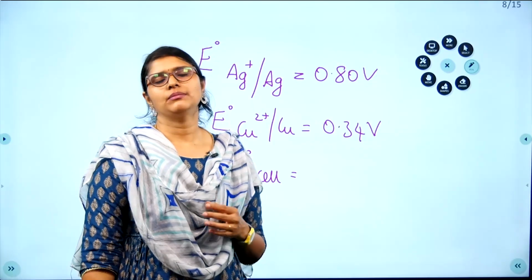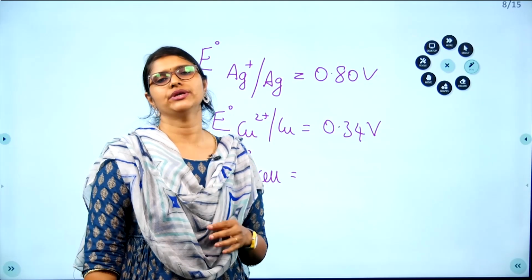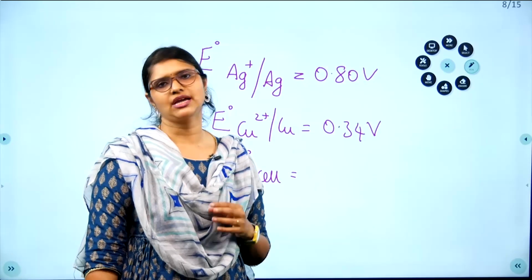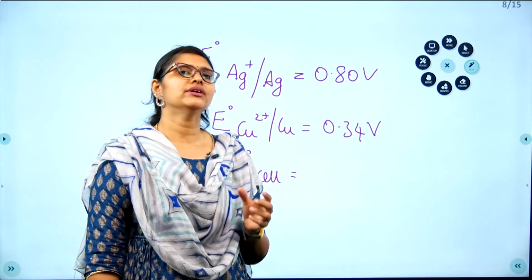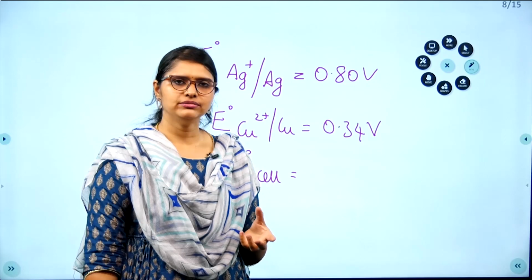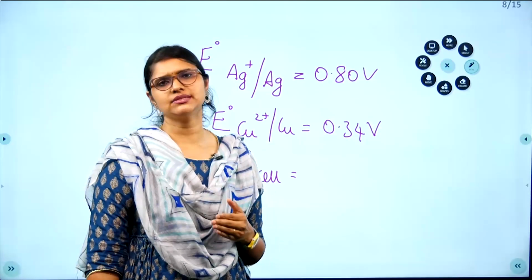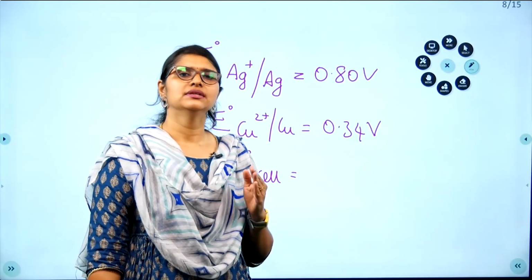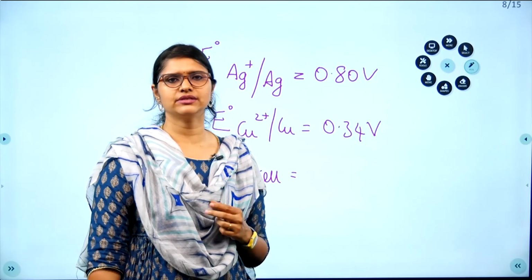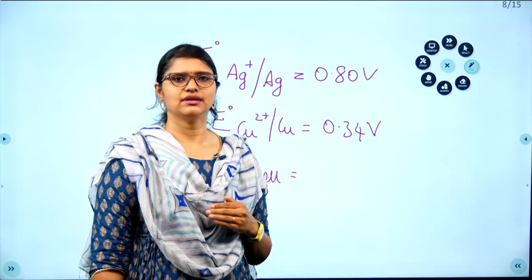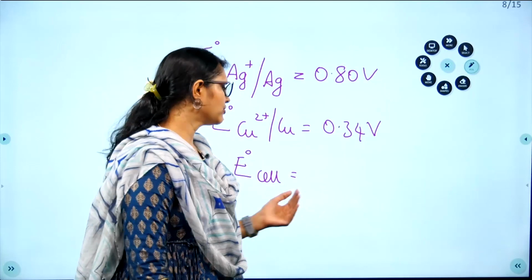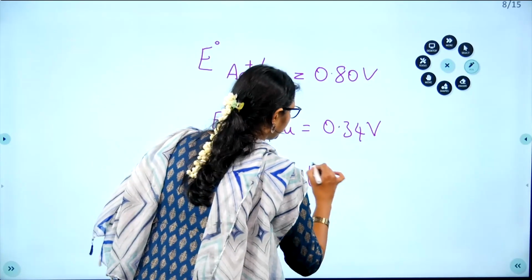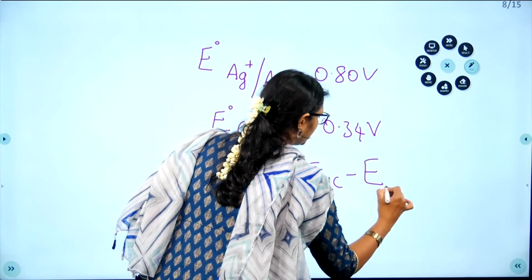Now we can think about which is acting as anode and which is acting as cathode here. So here copper is more reactive, so copper will act as anode, and silver is less reactive, so silver will act as cathode. Okay. So now we know the formula. What is it? EC minus EA.